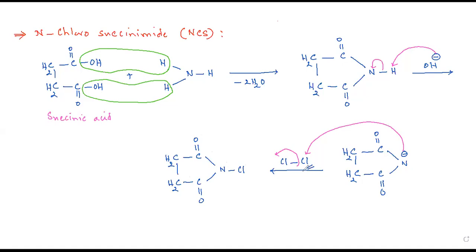Without bonded pair is plus. With bonded pair is minus. You all know this. That's it. So this is how N-chlorosuccinimide is prepared. Okay.